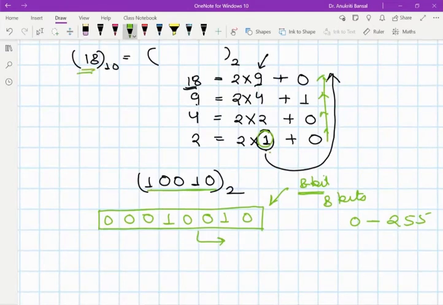Okay? If I have to specify a date in DDMMYY form, suppose I write 11, and if I want to write July with a number, instead of writing 7 I write 07. The same way, if 8 bits are allocated for representing integers, the remaining bits will be 0.